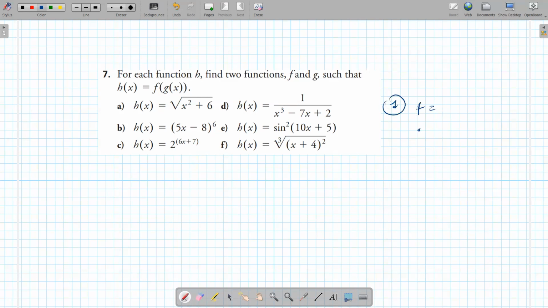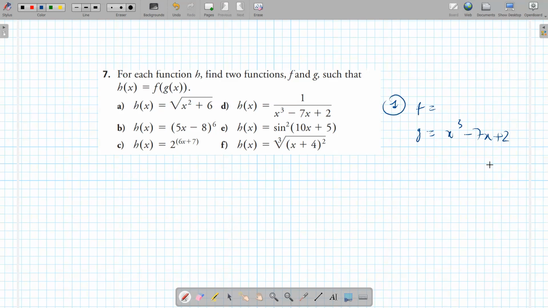d might be a little bit complicated, but again, you can treat this as the inside part, and you can treat this function as the outside. What do you think f and g is for d? g is x to the power of 3 minus 7x plus 2.